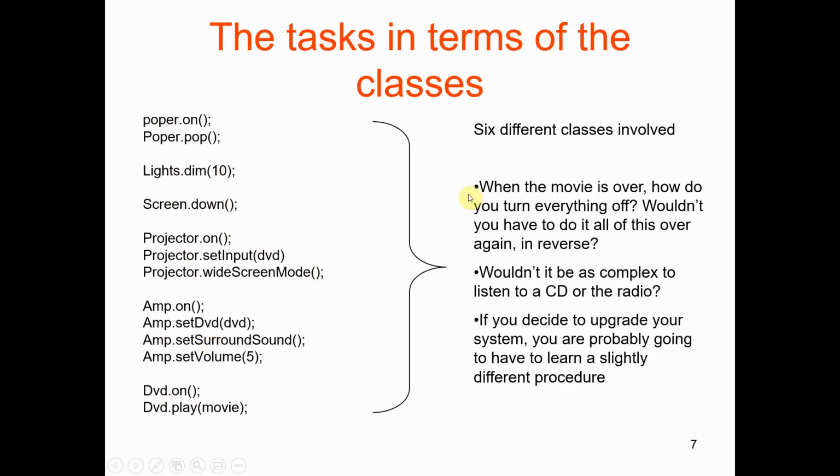And then think about that after you finish watching the movie and you want to turn off everything, you need to turn off these 6 classes too. So watching a movie is such a simple request, but we still need to learn 6 classes and learn how to deal with them.